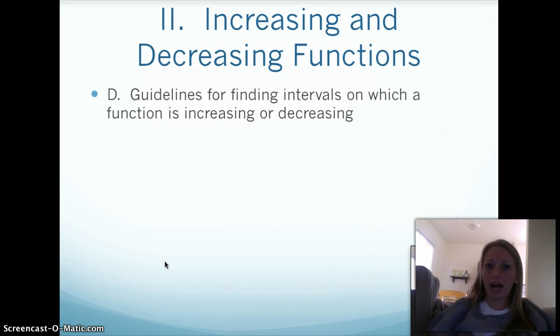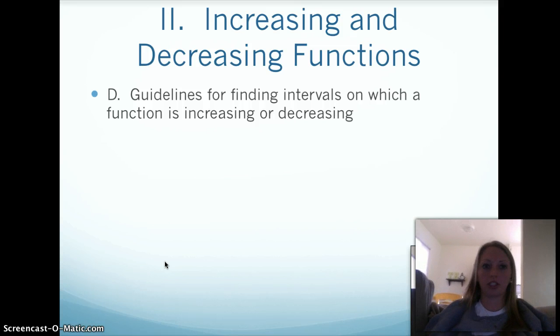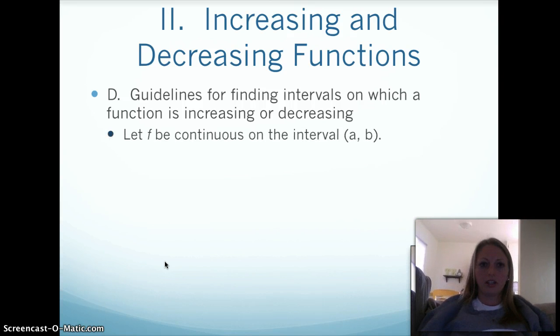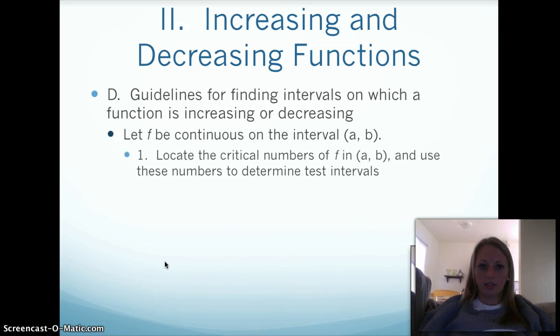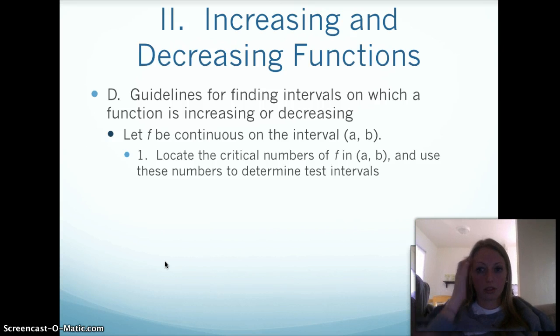So how do we find the intervals for which a function is increasing or decreasing? We're assuming f is continuous on the whole interval, a to b. Step 1, you need to locate the critical numbers. Remember, to get critical numbers, you find the derivative and set it equal to 0. So take the first derivative, set it equal to 0, and solve for your variables.